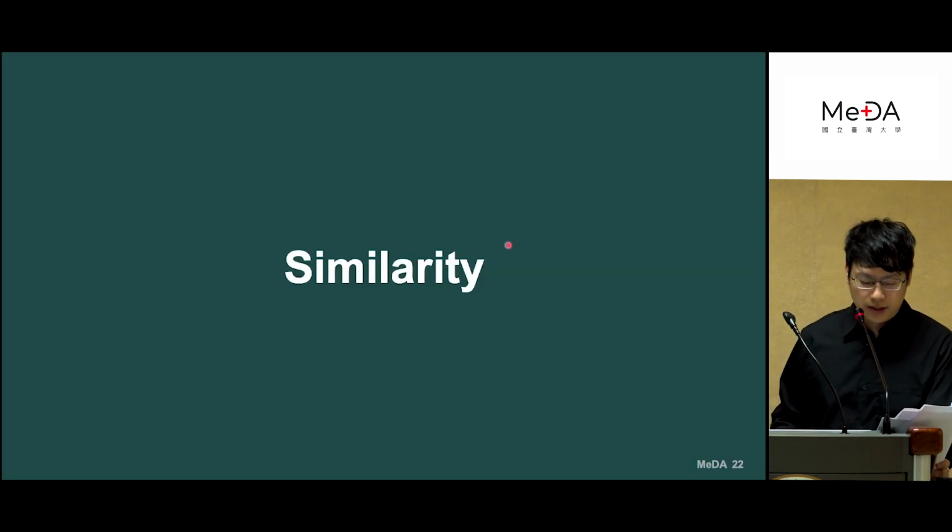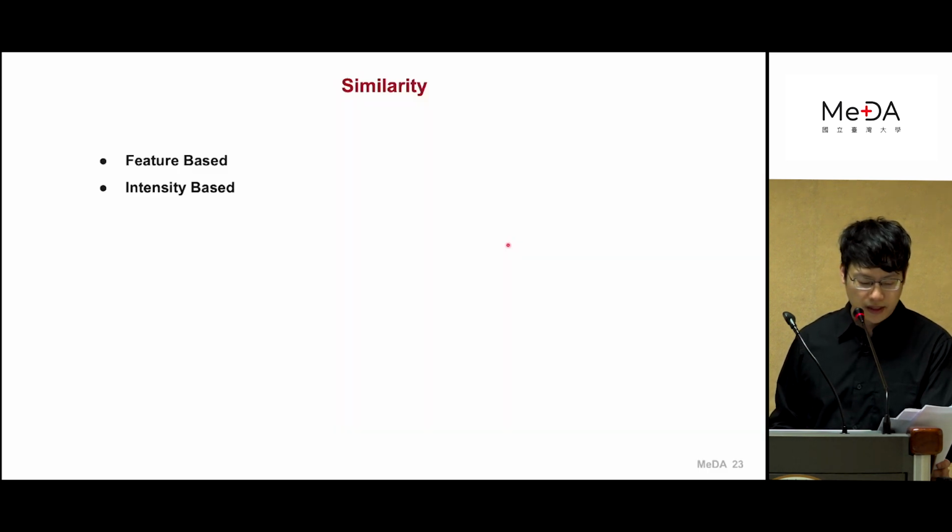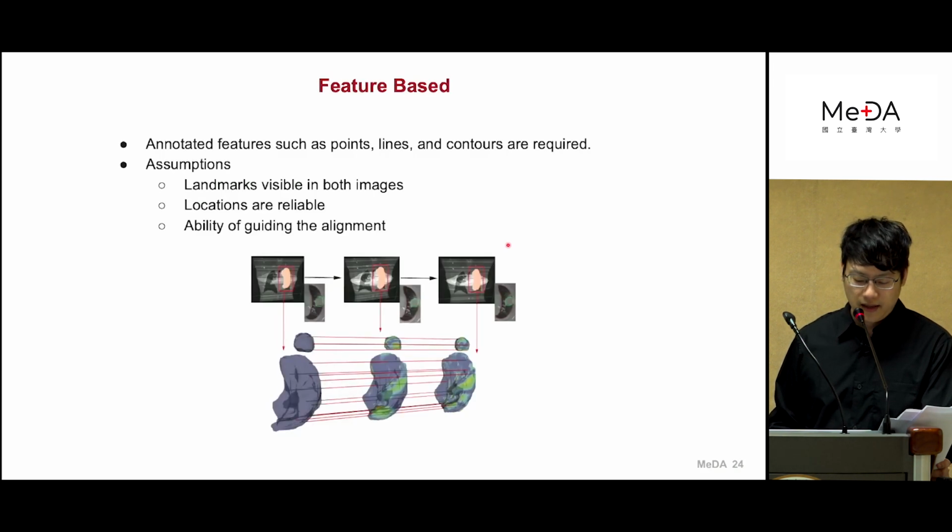Now let's move on to the next component, similarity. We will discuss two types of similarity, feature-based and intensity-based. For this session, our focus will be on intensity-based similarity. In feature-based similarity, annotated features such as points, lines, and contours are required.